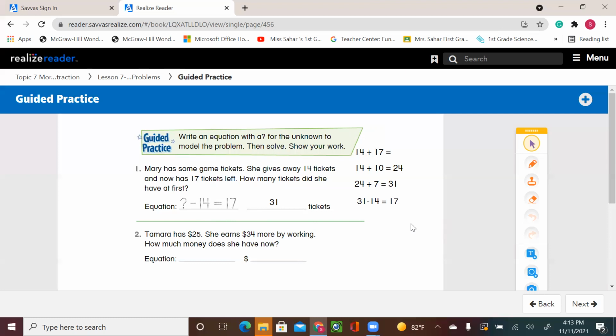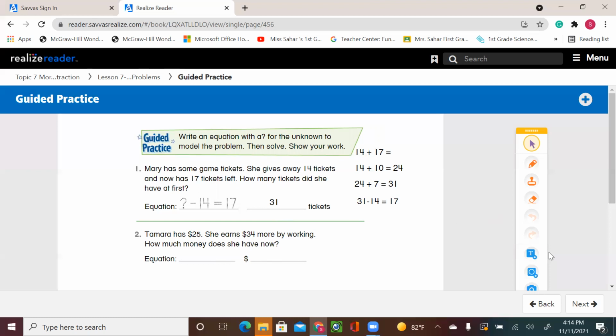All right, let's see the second one. Tamara has $25. She earned 34 more by working. How much money does she have now? So first, she has 25. She earned more, so she got more, 34. So $25 plus $34.